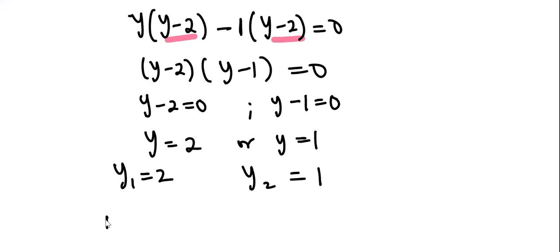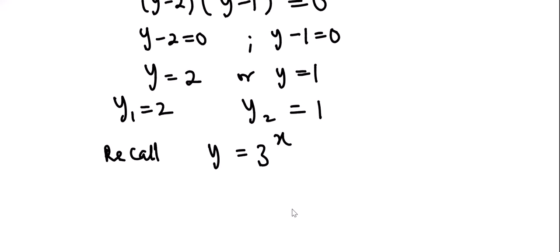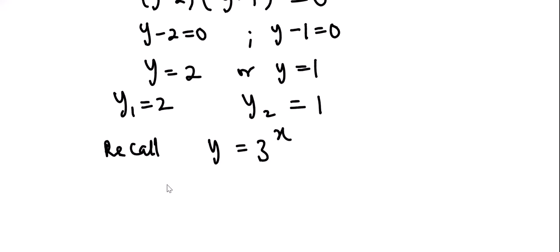Recall that y equals 3 to the power of x. So for y1, which is 2, 2 equals 3 to the power of x, and for y2, we have 1 equals 3 to the power of x.